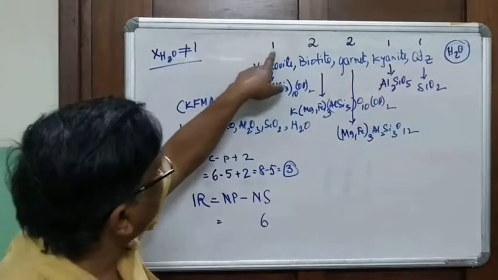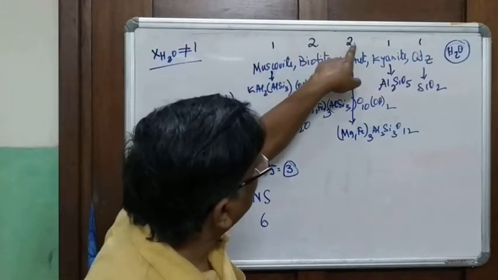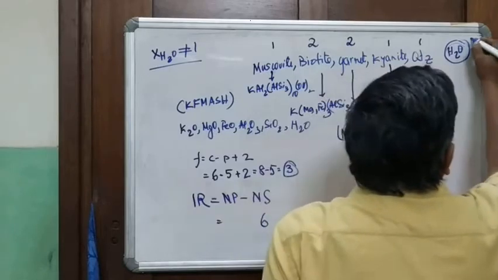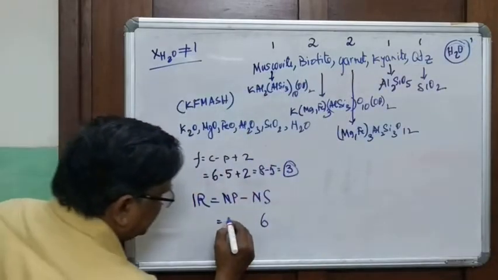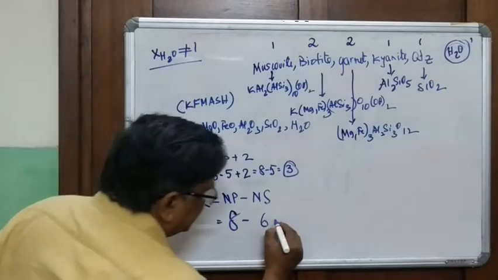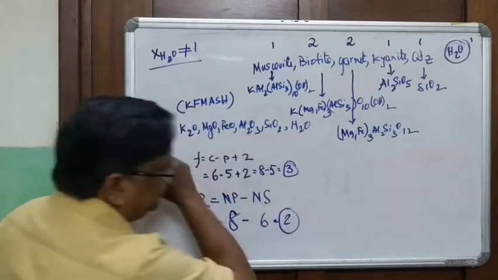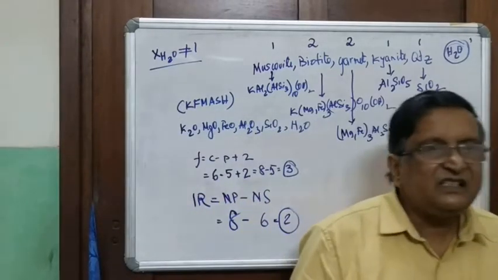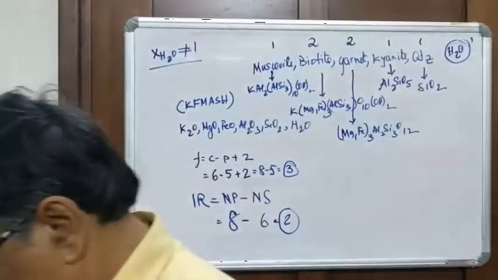So we have 1 plus 2, 3 plus 2, 5, 6, 7 and 8. It says 8. 8 minus 6 is equal to 2.